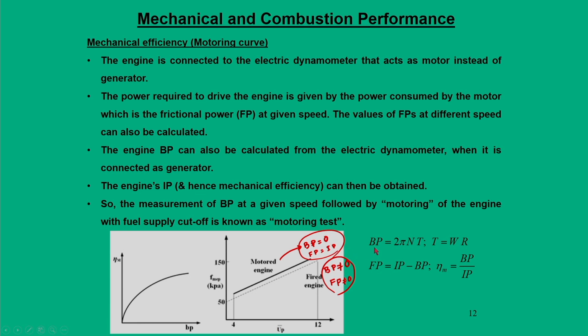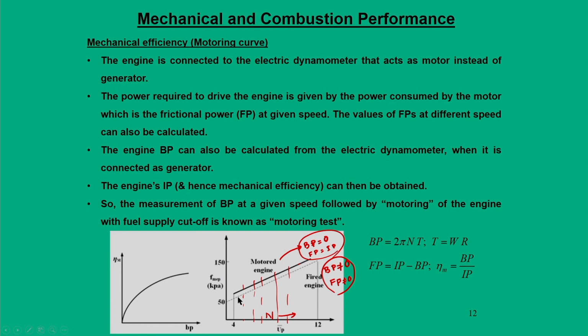This can be done at different speeds. Here it is plotted with average piston speed, and we can correlate it with n. So, at every n, every RPM, one can find the value of friction power, and that is nothing but the indicated power, because the brake power is 0.